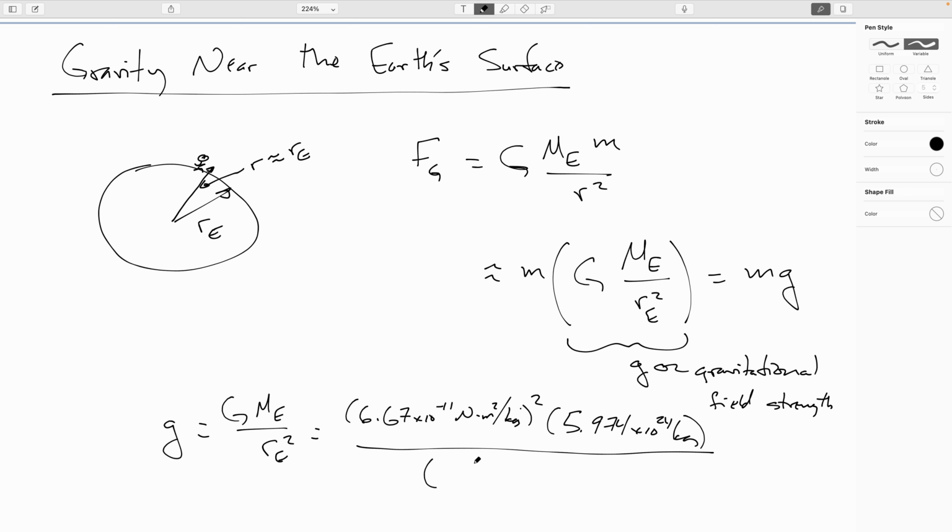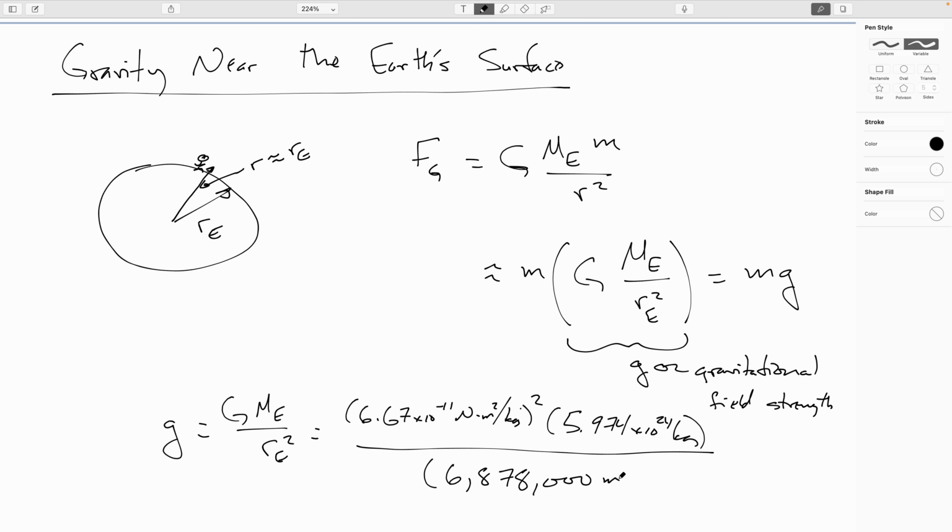And the radius of the Earth is 78,000 meters. I think I got that right.